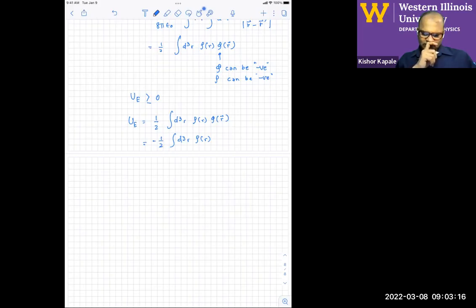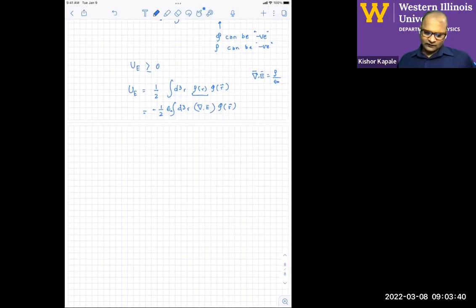First, we need to use Gauss's law. So Gauss's law is going to be this: divergence of E is equal to rho over epsilon 0. So I'm going to bring in epsilon 0 here. And then I'm going to replace this rho of r by epsilon 0 times divergence of E multiplied by phi of r.